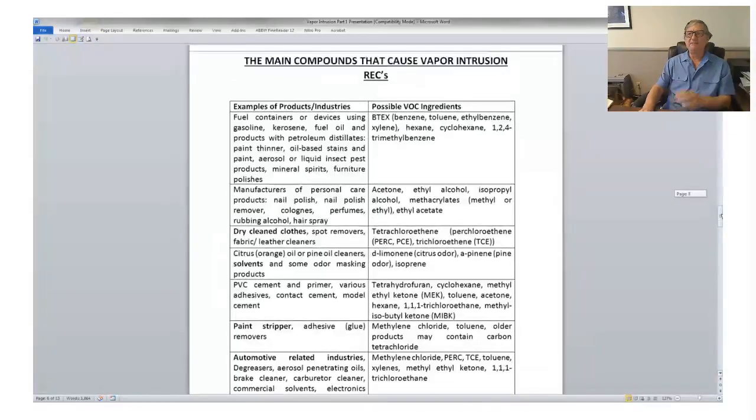So what are some of the main compounds that cause vapor intrusion? Obviously, you need to know these in order to look out for them, right?